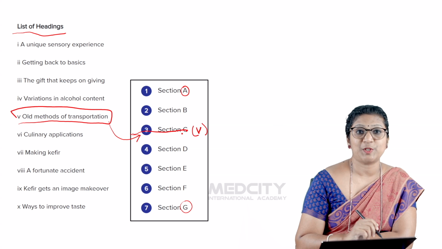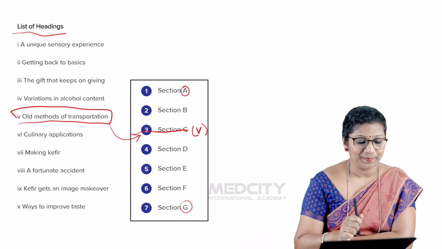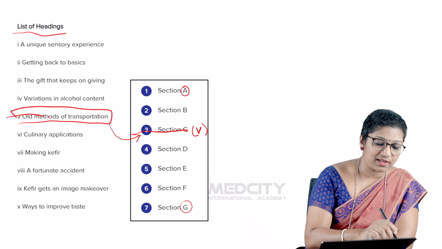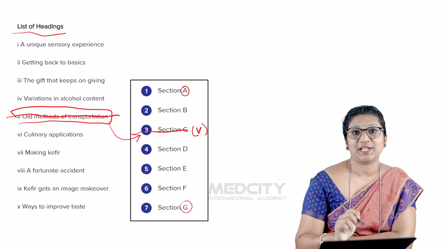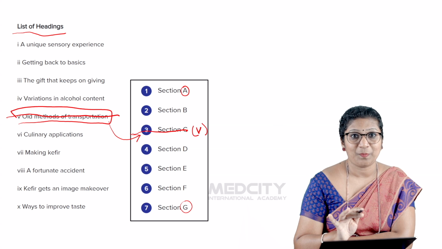Strike out the section, which means you will not be reading and wasting your time by looking at section C, and you also strike out the heading that is matched to section C as an example, which means you don't have to consider that heading at all.